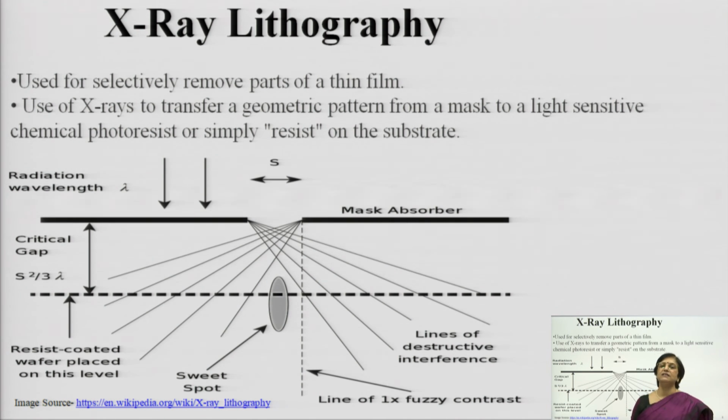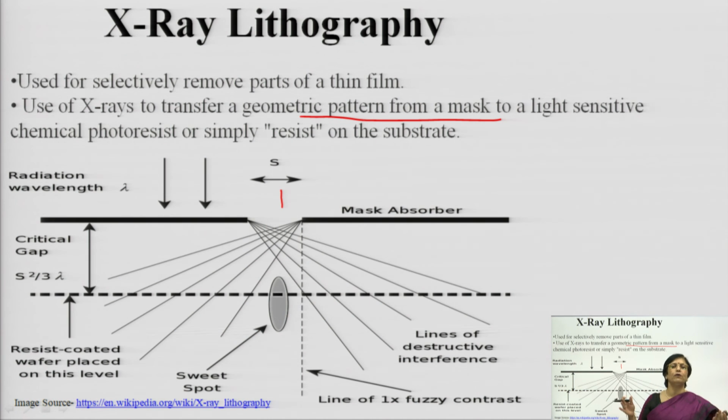Now, the X-ray beam naturally has the advantage of wavelength, and therefore you have better resolution here. But then there is a problem with the pattern transfer. Your source is over here and you are transferring the pattern away from the source.